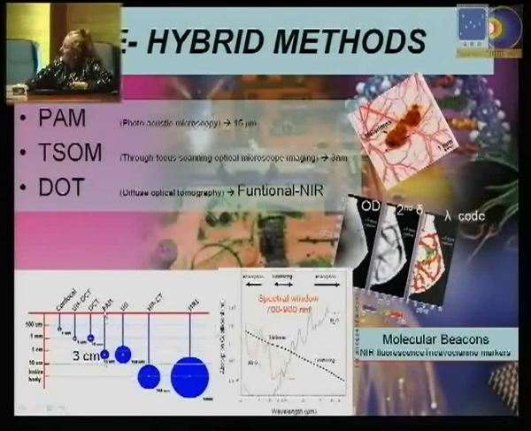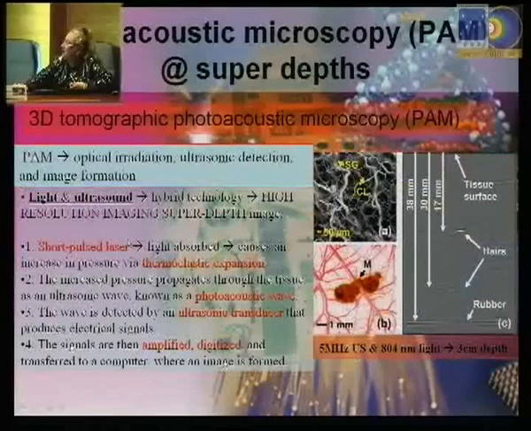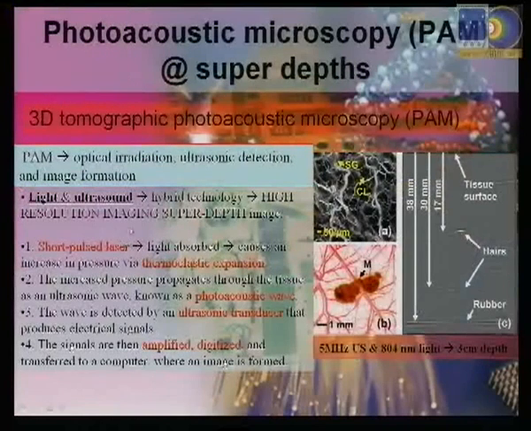The nice thing of the photoacoustic microscopy, which we will see immediately, is that this is an ultrasound technique. Therefore, they get the penetration of the ultrasound. They get 3 centimeters of penetration, but with the lateral resolution of almost a microscope.